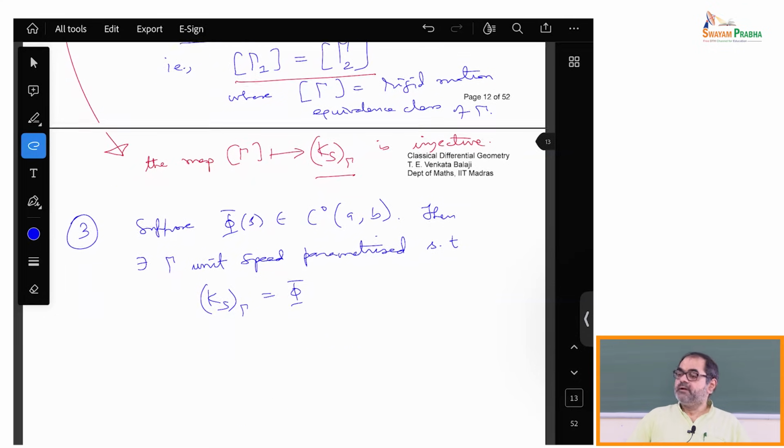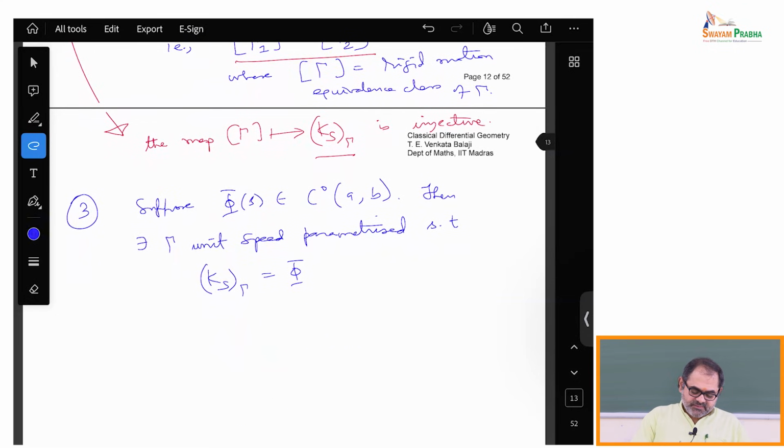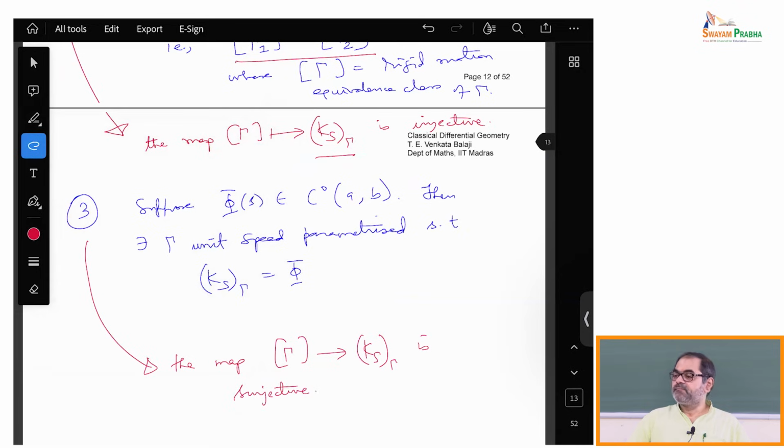What does this mean? This is another way of saying that this map is actually surjective. So the map capital gamma to ks gamma is surjective onto C0 of AB.